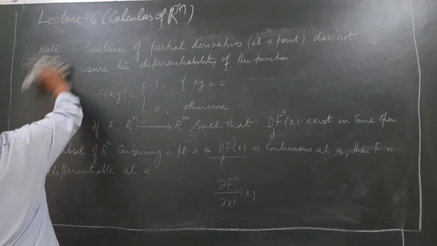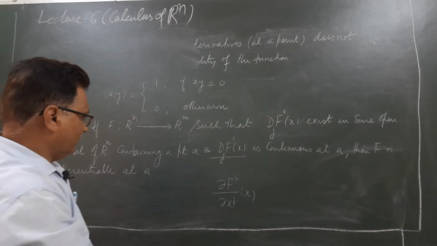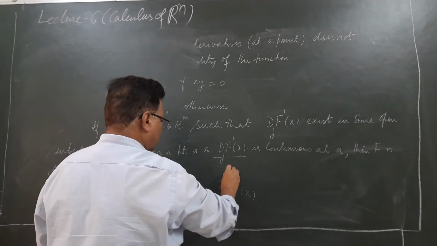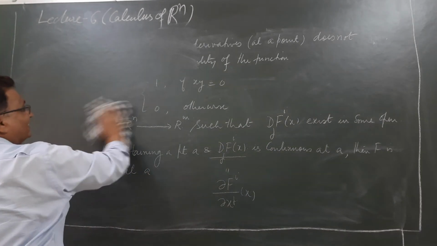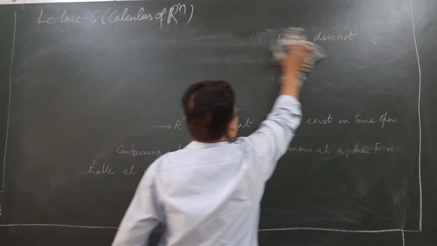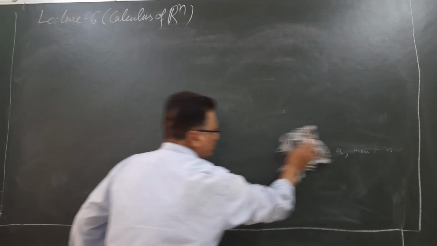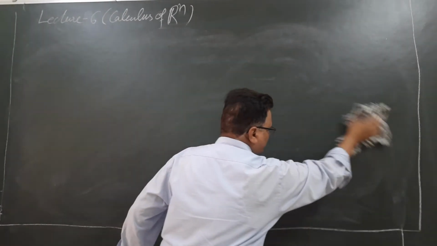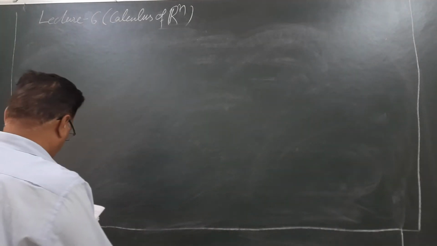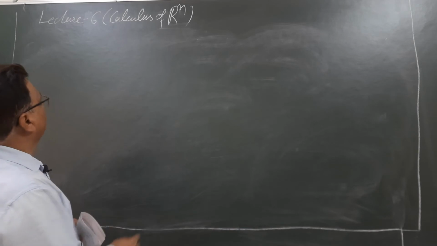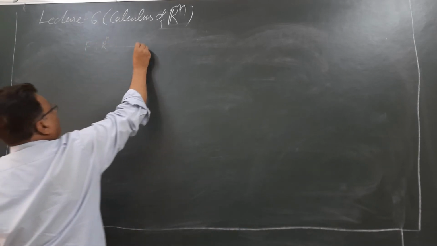सो लेट अस स्टार्ट प्रूविंग दिस. हाँ, दे ऑल नो इट. देयर इज नो प्रॉब्लम. Okay, so for simplicity, what I will be doing is, f is a function from Rn to Rm.